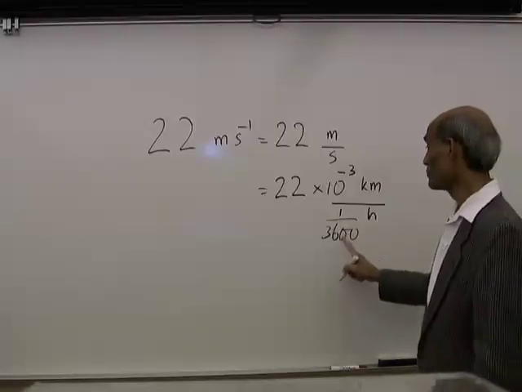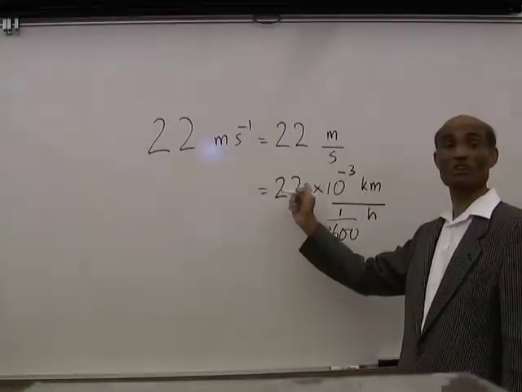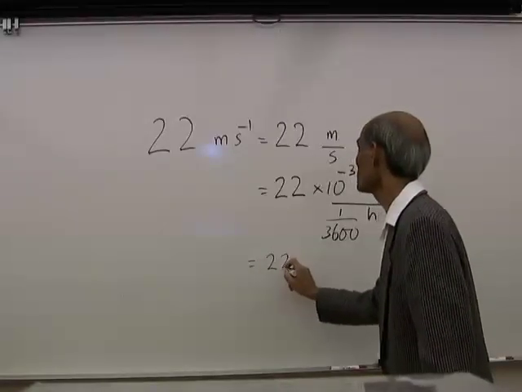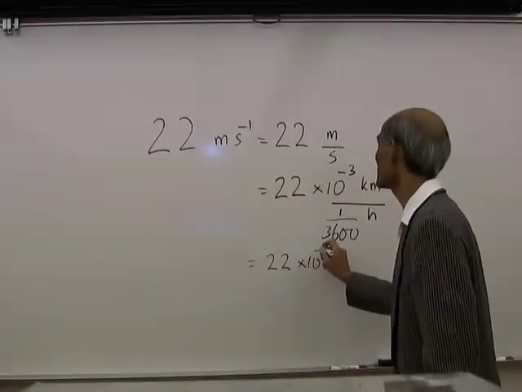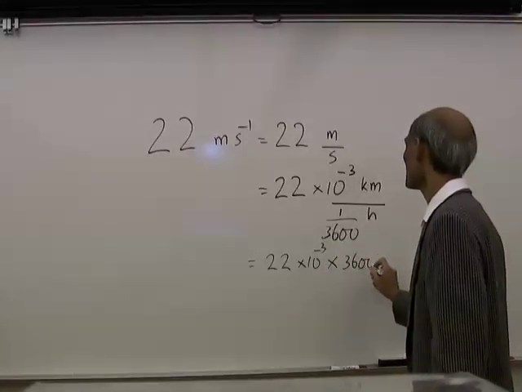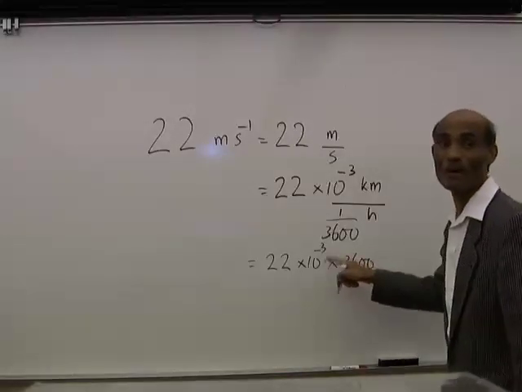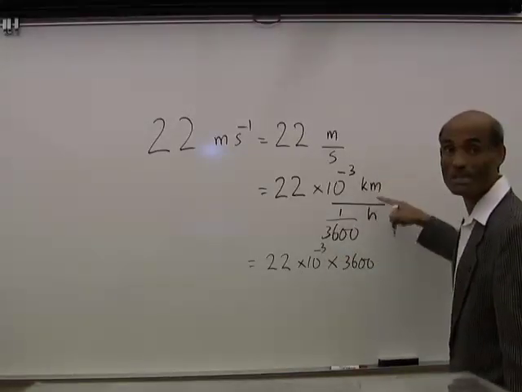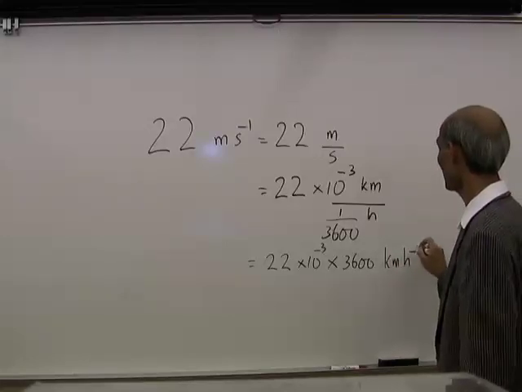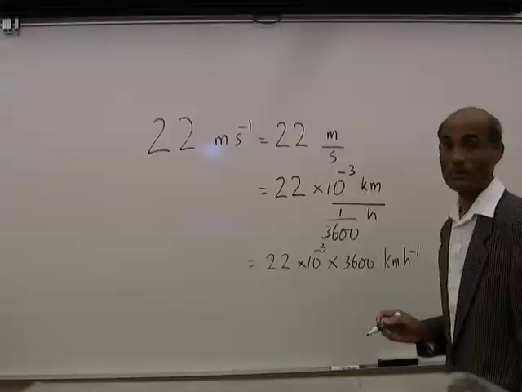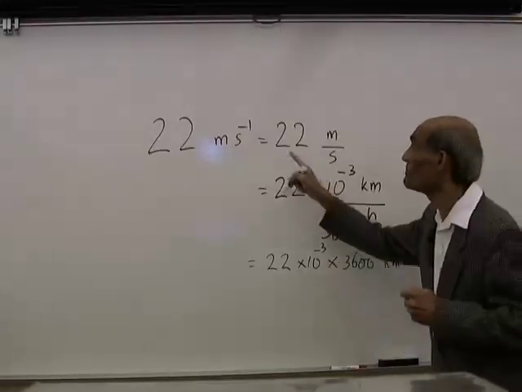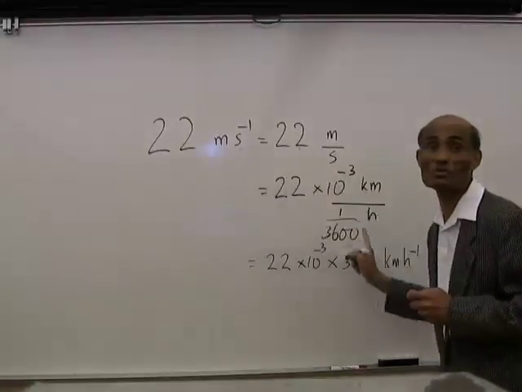So you can see this 3,600 is going to go up, and that will be 22 times 10 to the negative 3 times 3,600. Well, that has now become kilometer per hour. Is that right? Yes.